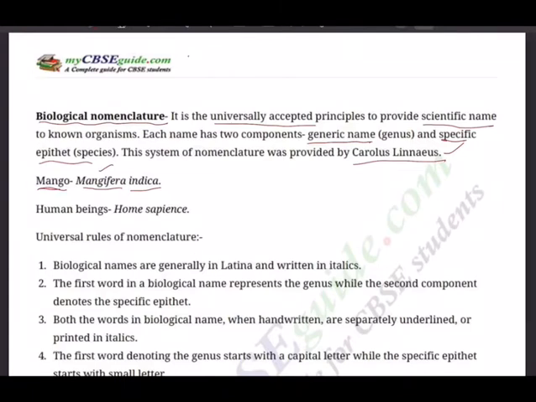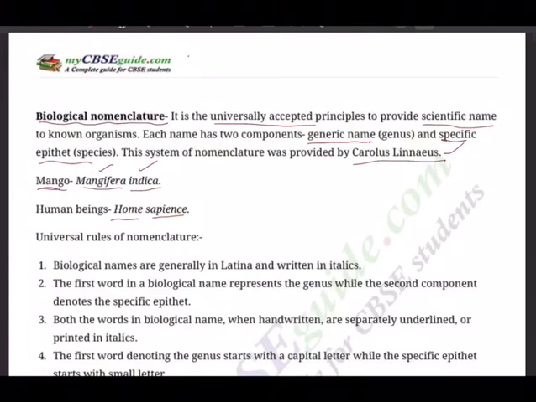Indica is the specific name, species name, representing mangoes that are grown in India. So Mangifera indica. And human beings, our own Homo sapiens. Homo is the man, human being. Sapiens is the latest one, latest human beings.